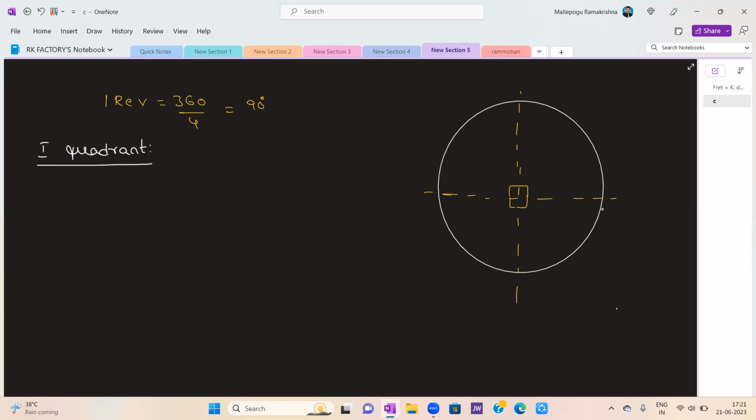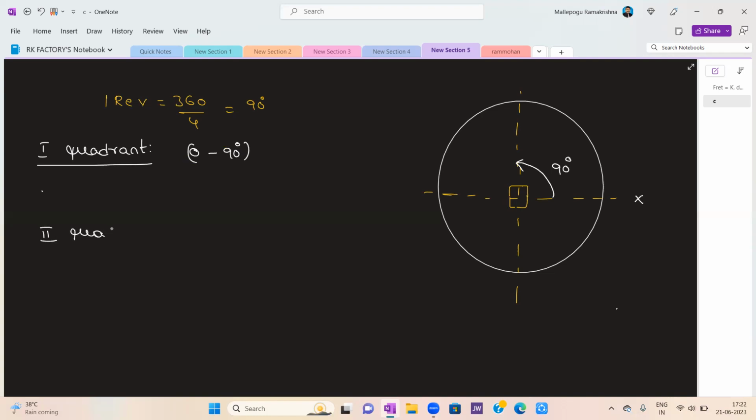We have to understand: if it is starting from here, the x-axis, and from here to here it travels, this is the limit of 90 degrees. The first quadrant goes from 0 to 90 degrees.